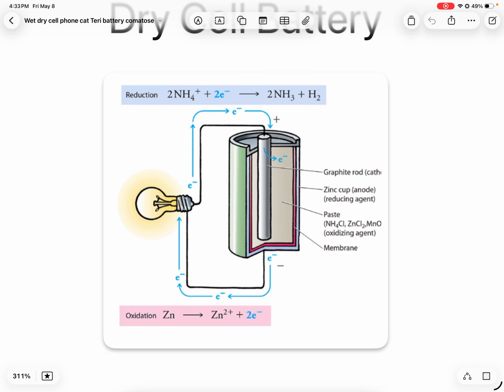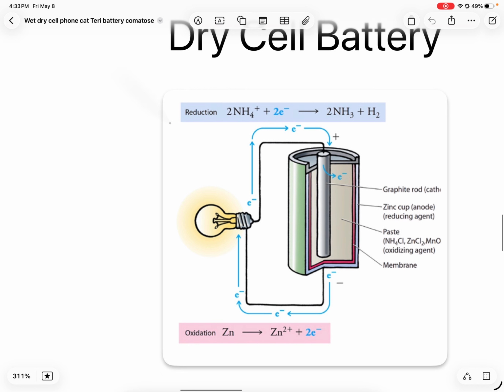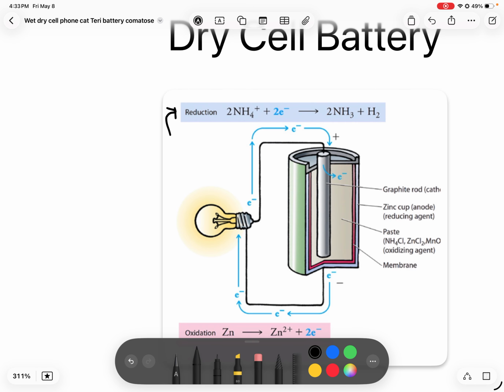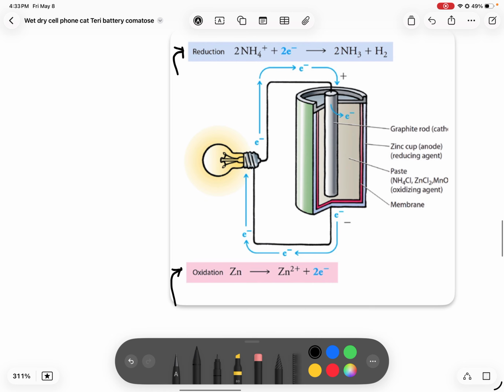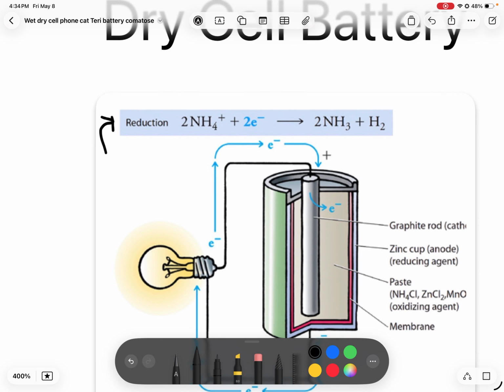Going into a bit more detail here, we have our reduction reaction and our oxidation reaction. If you aren't familiar with these chemical terms, a reduction reaction is one in which you have a gain of electrons.